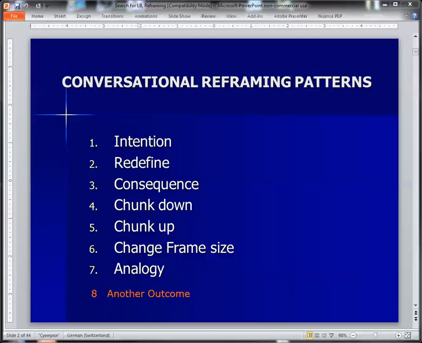Chunk down, chunk up. Do you remember when we were switching between different categories? We were talking about the speech of Jesus Christ, when he switched adultery for sin, and adultery is just a tiny small element of the bigger category of sin. He chunked up, and that immediately changed the whole statement.